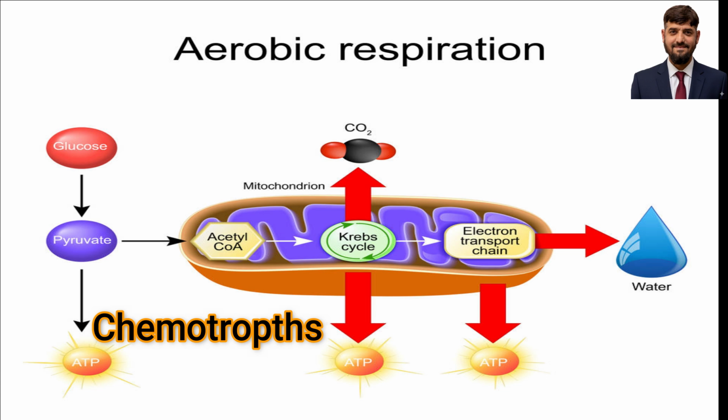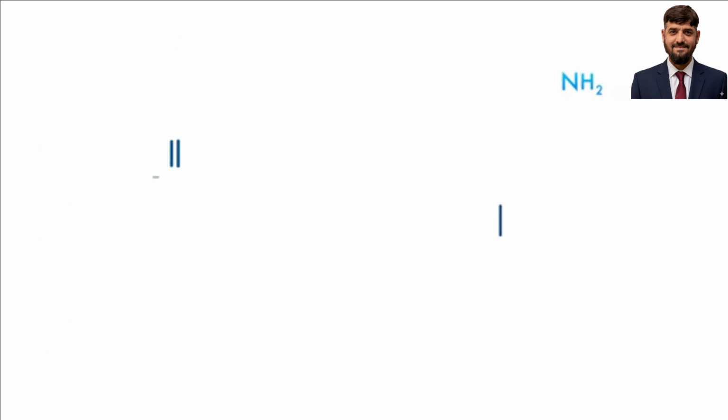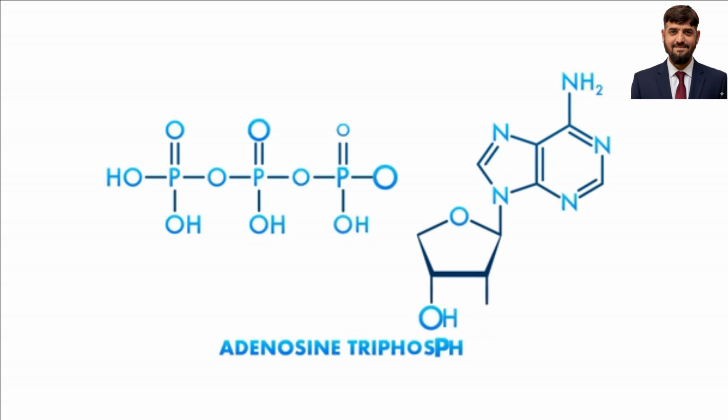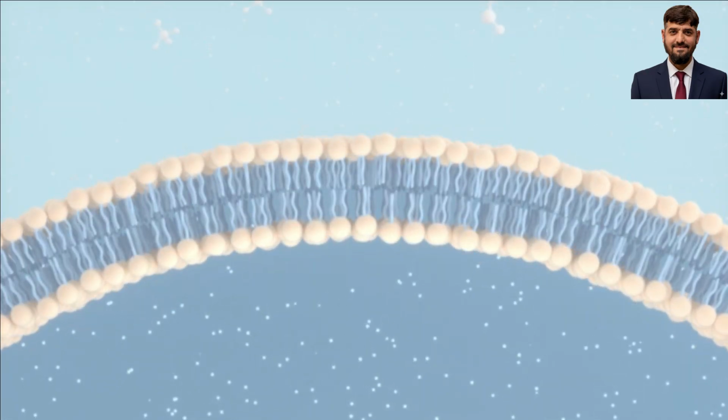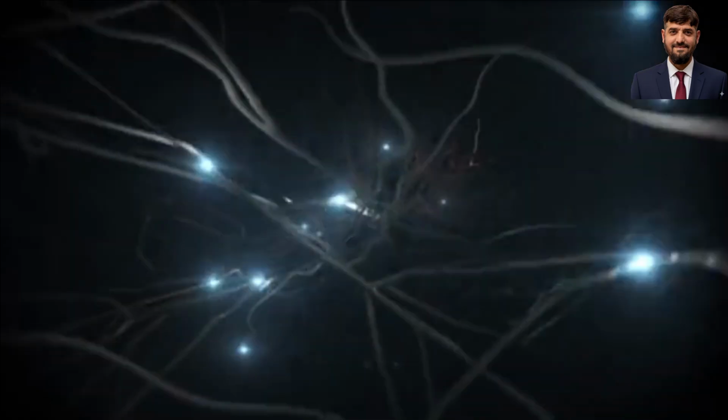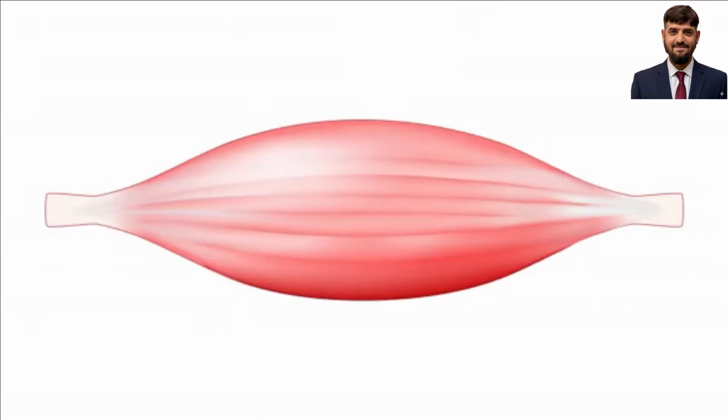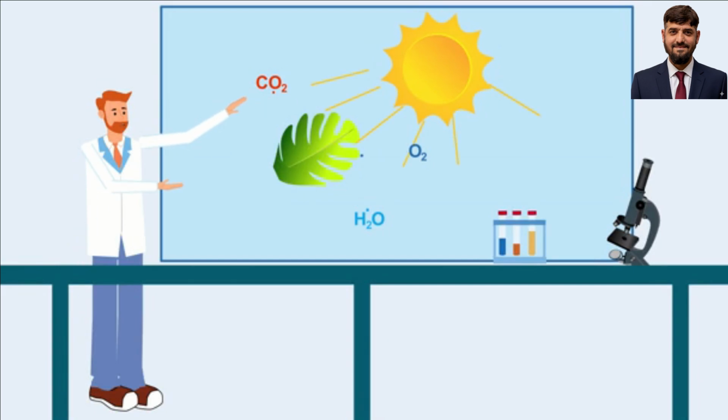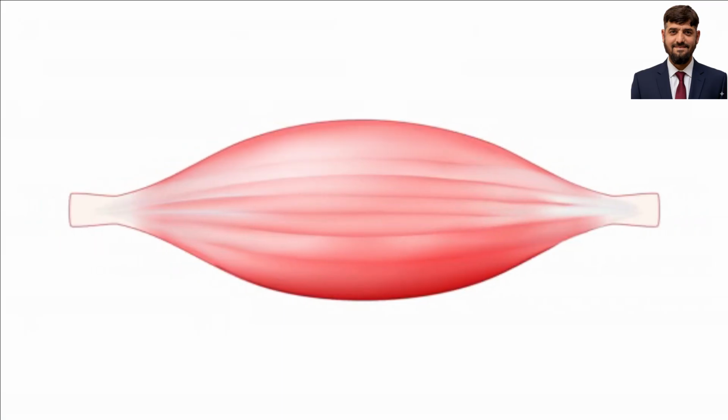They obtain energy by oxidizing food, mainly carbohydrates, fats, and proteins. This chemical energy can be converted into ion gradients across membranes, nerve impulses, mechanical movement, and biosynthesis. So energy is constantly being transformed from one form to another.